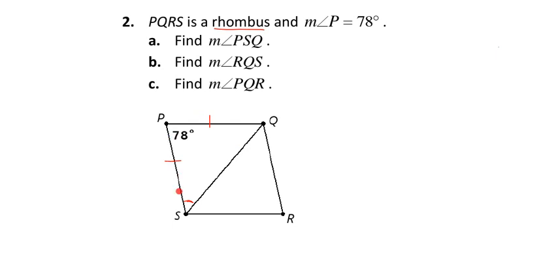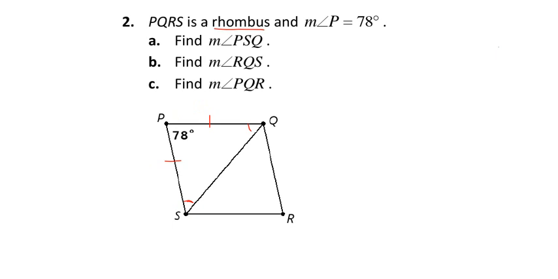and therefore the base angles, which is angle PSQ, would be equal to angle PQS, so the base angles would be congruent, so this one is also congruent to this other angle. So with that, and using the fact that we have a triangle, we can find the measure of angle PSQ.